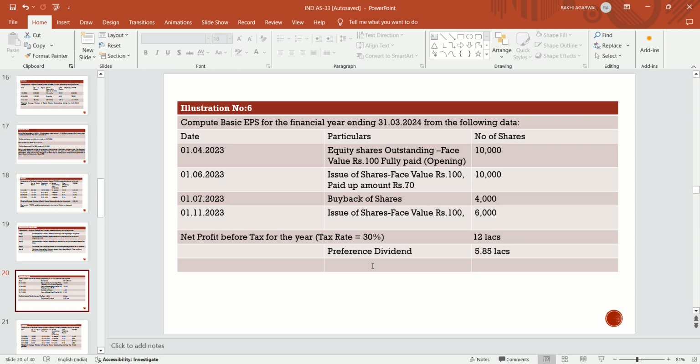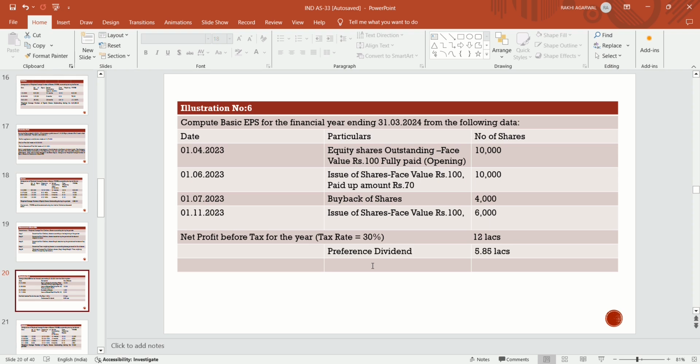On 1st June 2023, the entity issued a fresh issue, which is partly paid, meaning the amount paid is only rupees 70. The number of partly paid shares issued is 10,000.